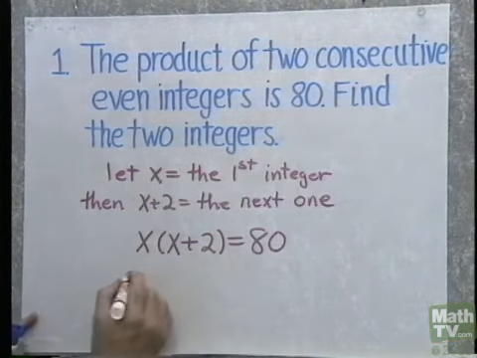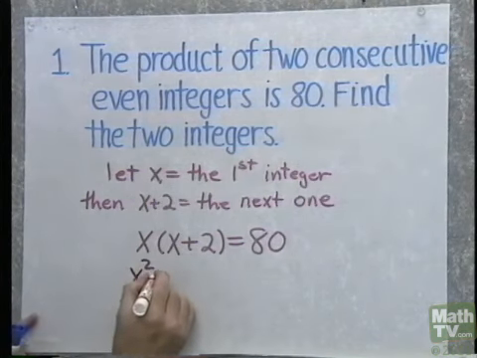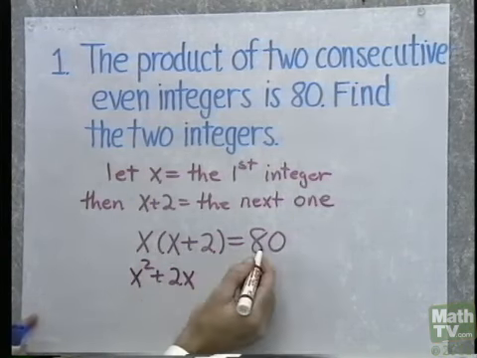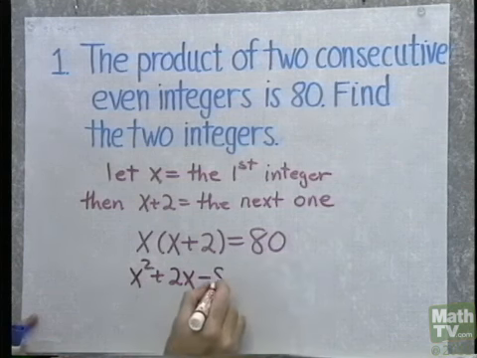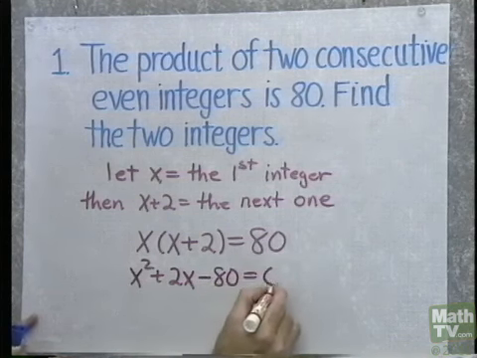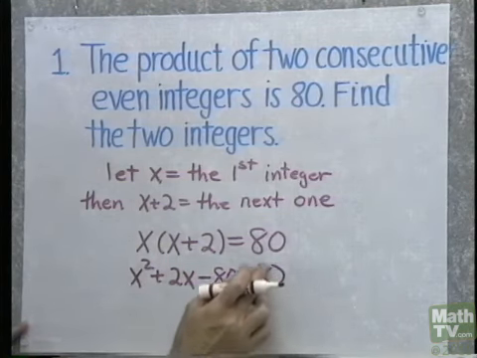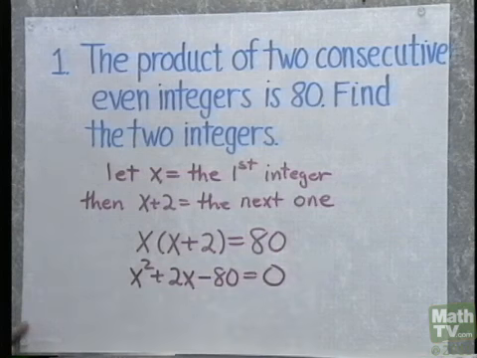I'll multiply this out, and I have x squared plus 2x. When I multiply, x times x is x squared, x times 2 is 2x. Then I'm going to add negative 80 to both sides. Minus 80 equals 0. So I know from multiplying out here that I'm getting a quadratic equation. I want to put it in standard form, so I also add negative 80 to both sides. Now, I'll factor.